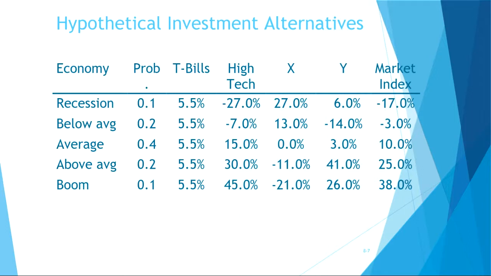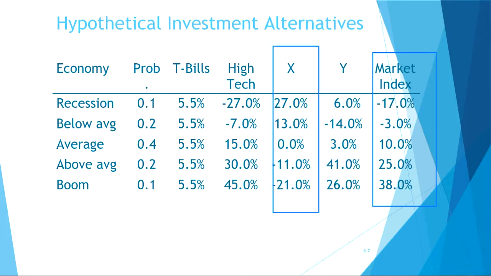You see, guys, we have the market's return in a recession of minus 17, average 10, and boom 38.0, and company X is moving in the opposite direction, right? One is increasing, the other one is decreasing.